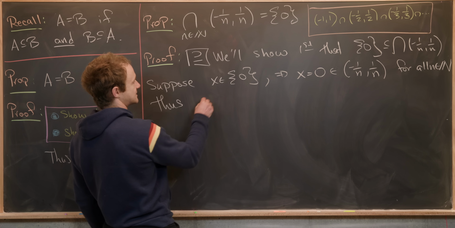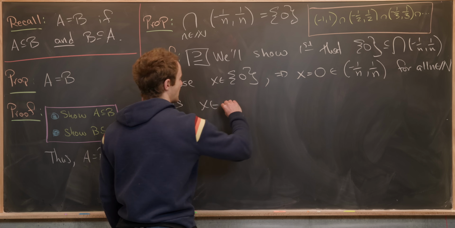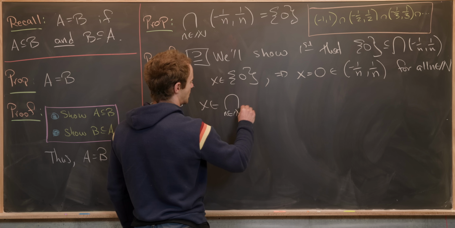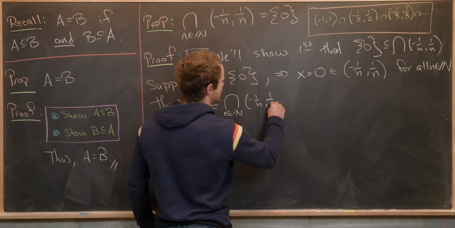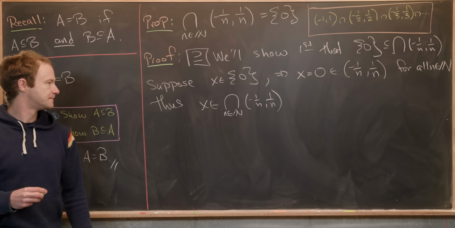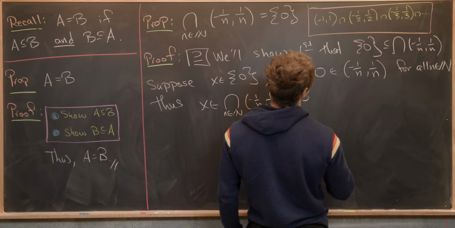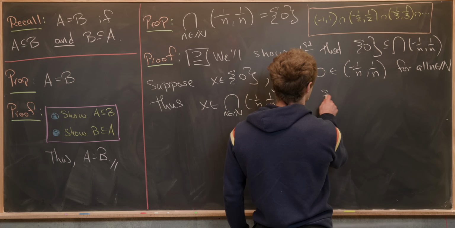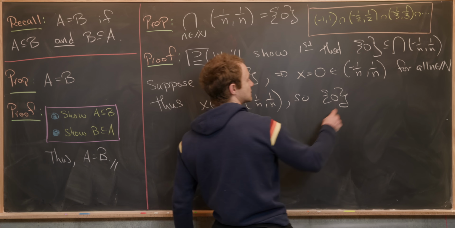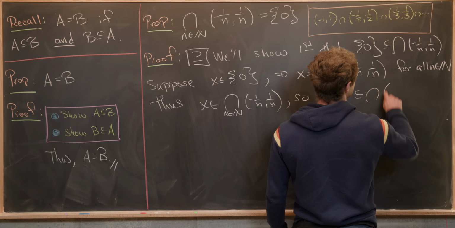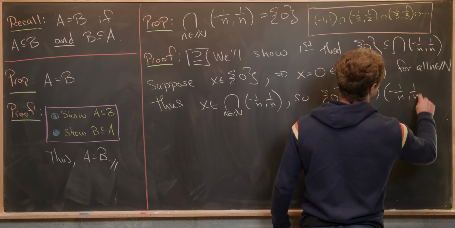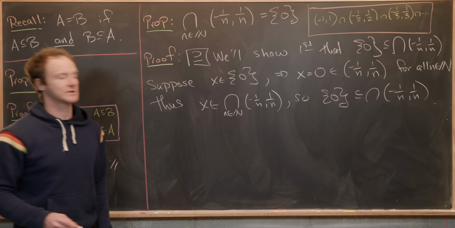So thus, x is an element from the intersection over all natural numbers of these open intervals. Good. So we would finish it off showing that the singleton 0 is contained inside of this infinite intersection.